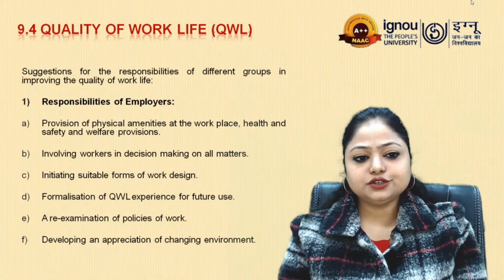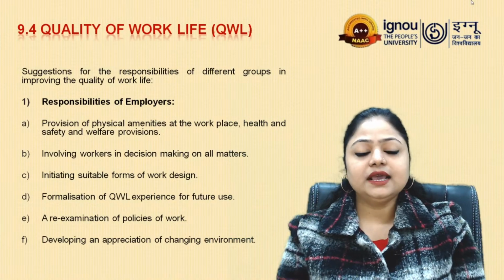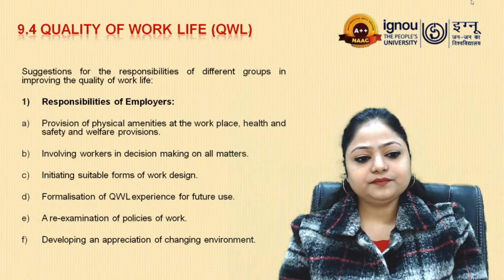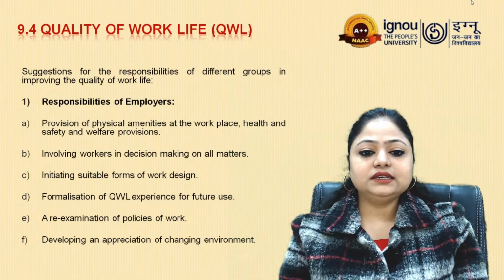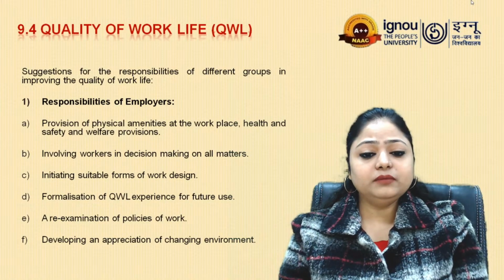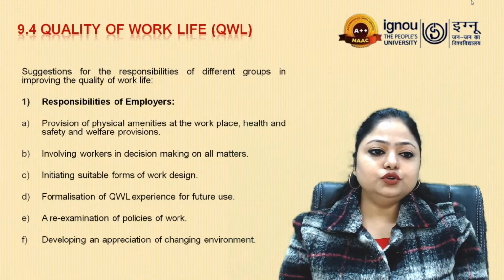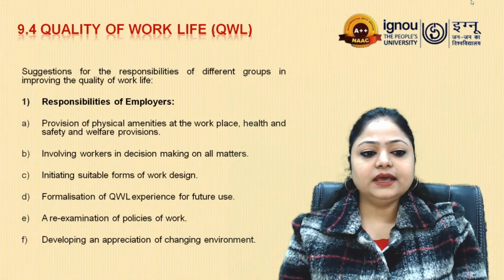Health and safety measures should be of utmost importance, and then the workplace should have welfare provisions for the employees. Then involving workers in decision making on all the matters related to them would be a better tool to have a quality work life for them.